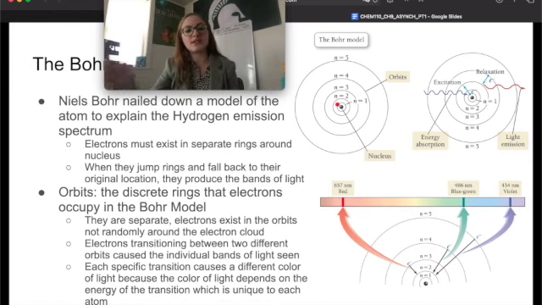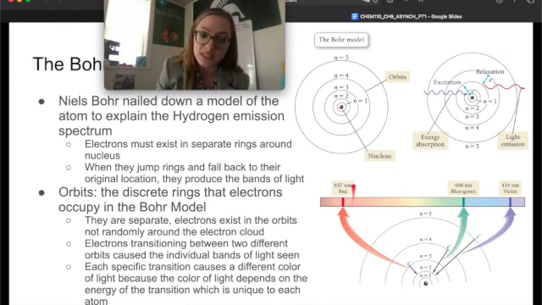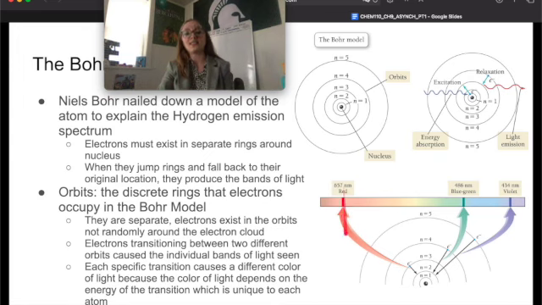So that's what causes the individual bands, because there's only a specific difference in energy between each ring, and each of those differences in energy corresponds to a specific wavelength of light, because light is just energy. So it's saying this is the energy that is between those two rings.